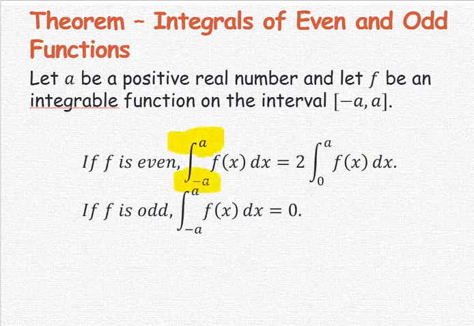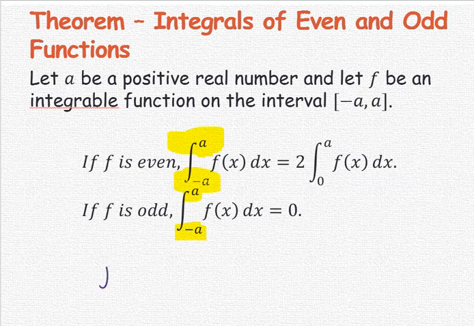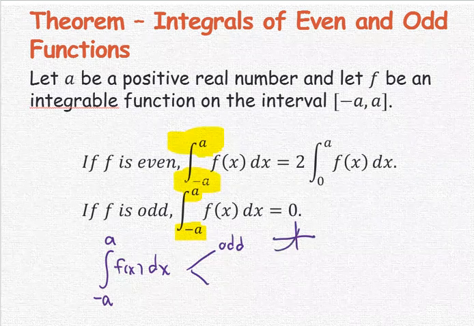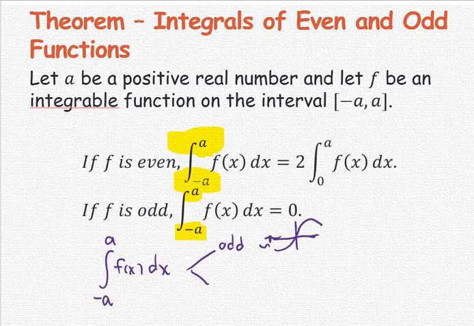Similar to the odd part, if you are going to find the definite integral from negative a to positive a of the function with respect to x, for the odd function, the graph is symmetrical with respect to the origin. So from negative a to positive a, you have equal area, but one negative, one positive. So then the definite integral, which represents the net area, for the odd function will be 0.